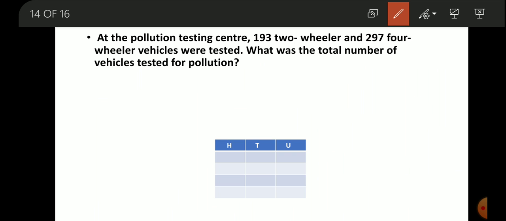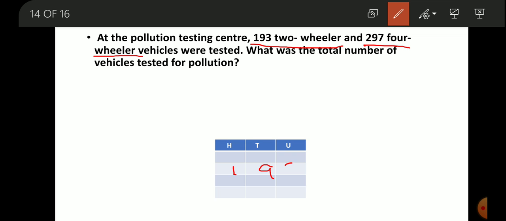Number of vehicles tested, number of two-wheelers tested for pollution is 193. Number of four-wheelers tested for pollution is 297. Third statement, total number of vehicles tested for pollution is equal to how much? And then you solve the sum.